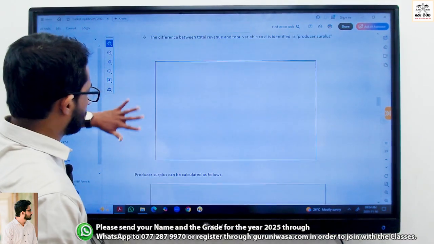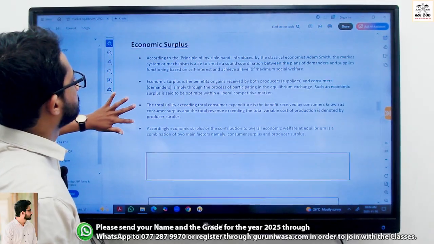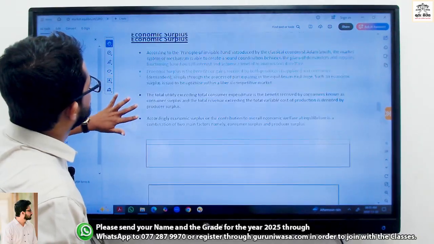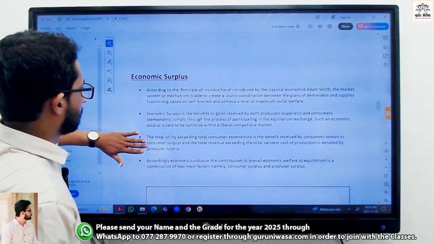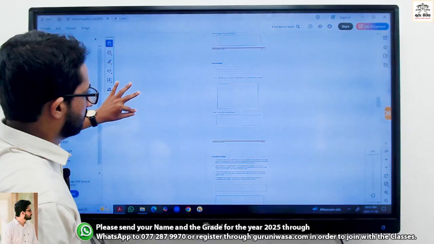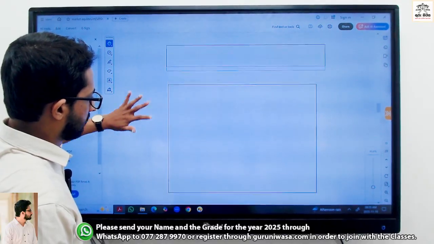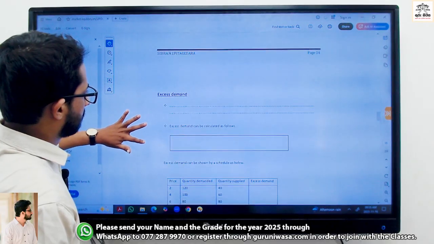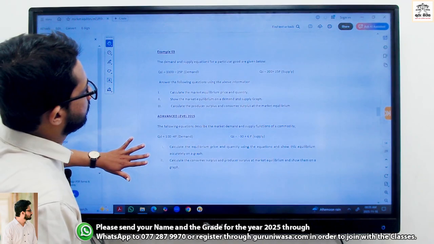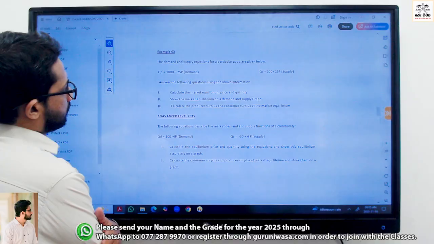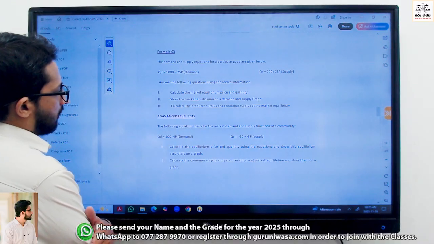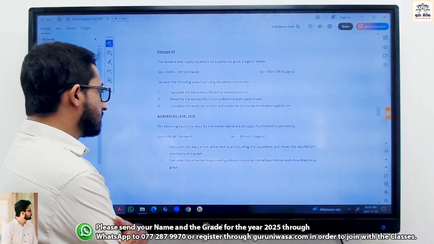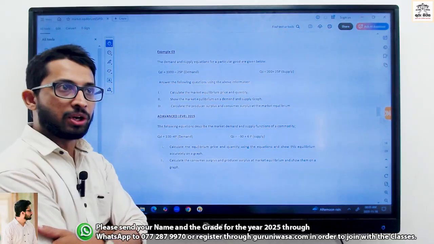Producer surplus over economic surplus. Right, 2015 A level paper: calculate equilibrium price and quantity using equations and show this equilibrium accurately on a graph. You can do it.